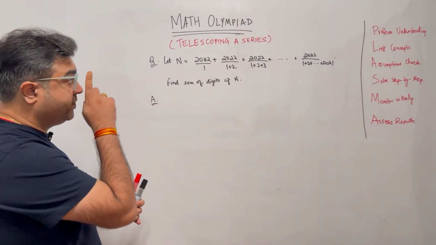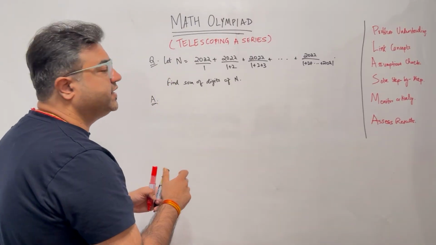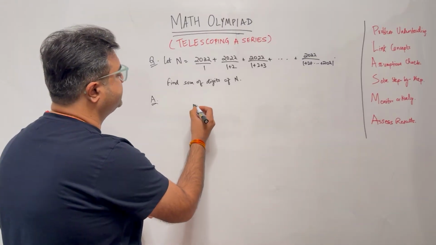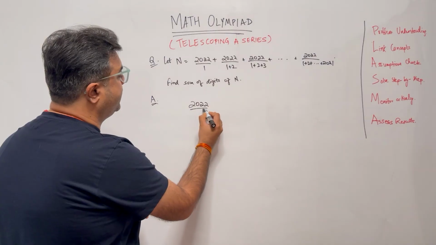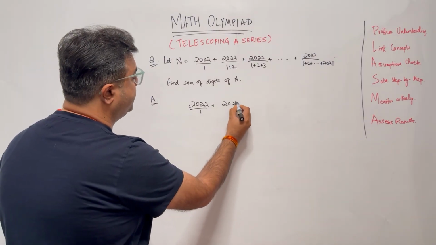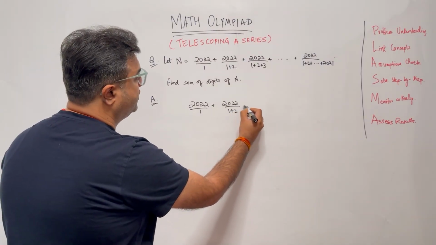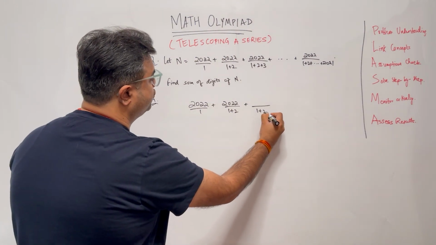Okay. Now let's solve this series again, similar to what we did in the previous problem. So 2022 divided by 1, then 2022 divided by 1 plus 2, then 1 plus 2 plus 3.